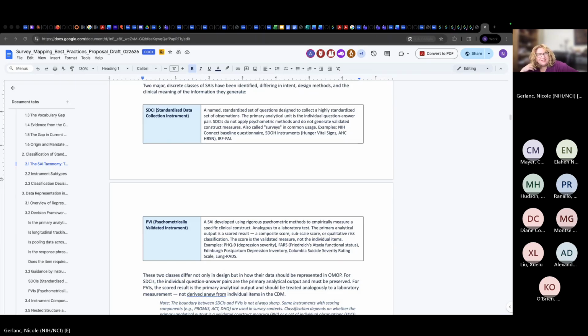Craig? Yeah, a couple points here. From a data user perspective, to me, the most important thing is that we don't change the meaning from what was actually asked. Whatever we decide as far as mapping or capturing the data, it keeps the original meaning as best as possible. The other thing is, my understanding is we're talking about two different scales.